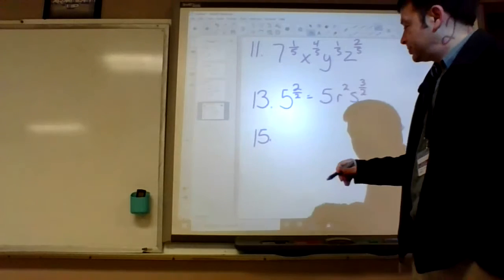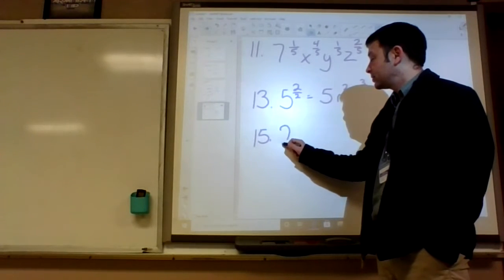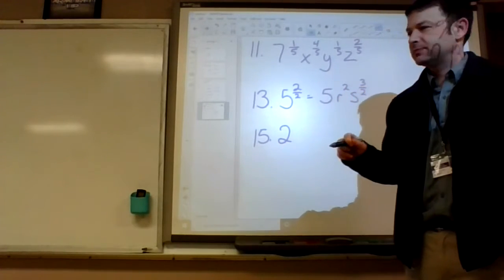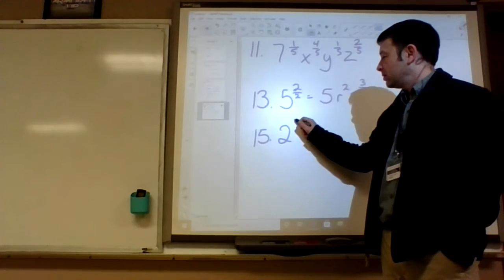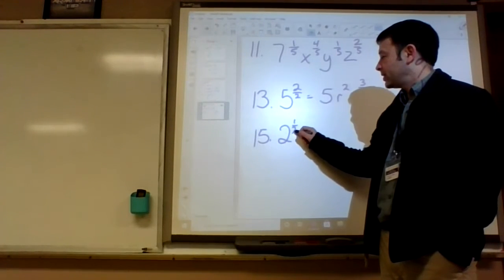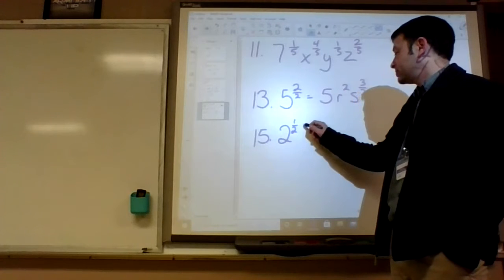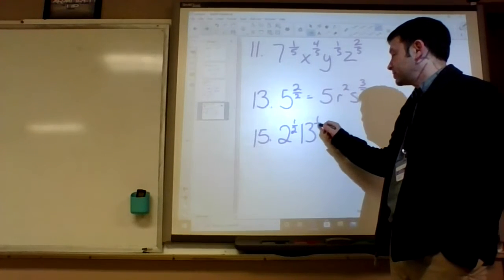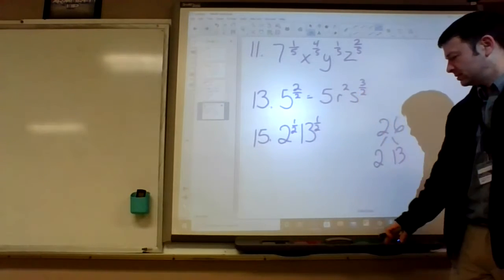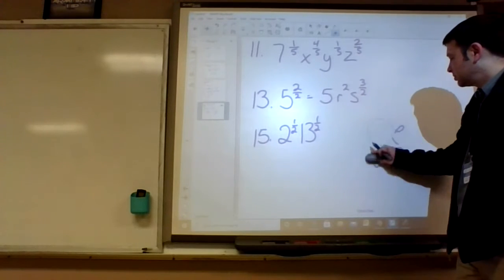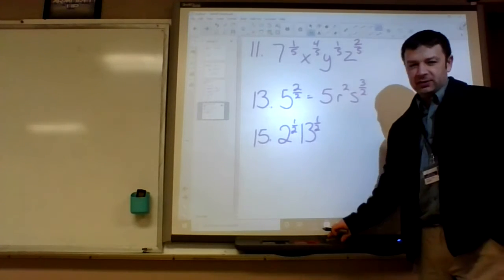So it's 2 to the what on number 15? To the 1/2 because it's the square root. And it's the same thing as the 13. It's 13 to the 1/2.